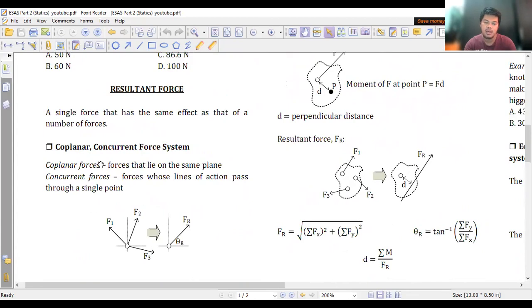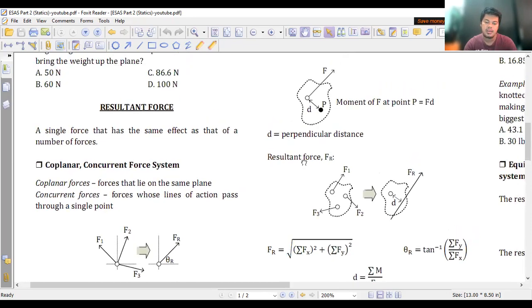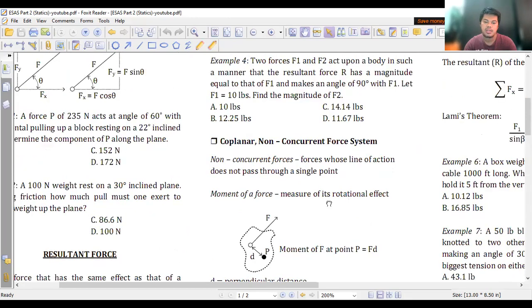Assuming that we have a coplanar concurrent force system, we have three forces here. The resultant force of the three is given by this one, Fr, the resultant force which acts at an angle of theta r. So how do we calculate the resultant force?